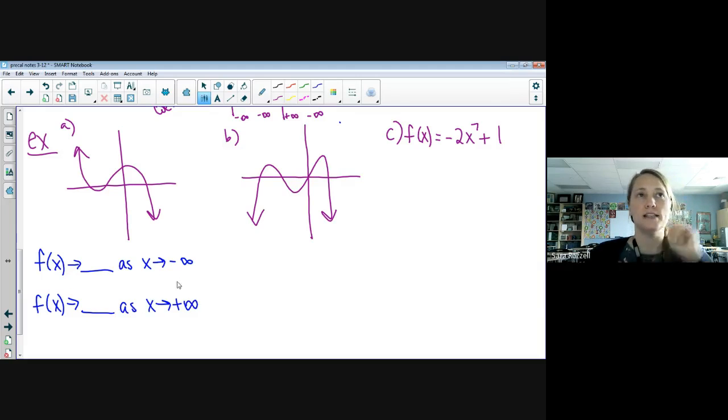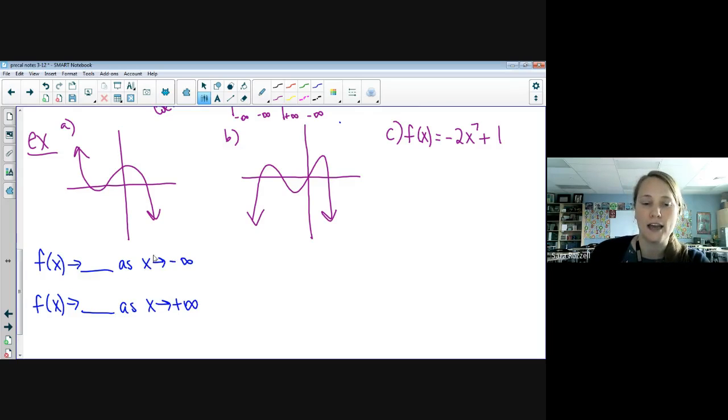So what this means is we're trying to figure out what's another letter for f of x. Y, right. What's going on with the y value as x goes to negative infinity? X goes to negative infinity is just saying what's happening on the left, because on your number line, negative infinity is on the left-hand side and positive infinity on the right-hand side.